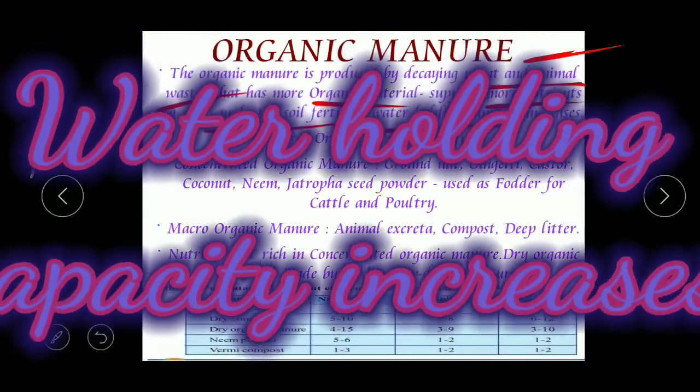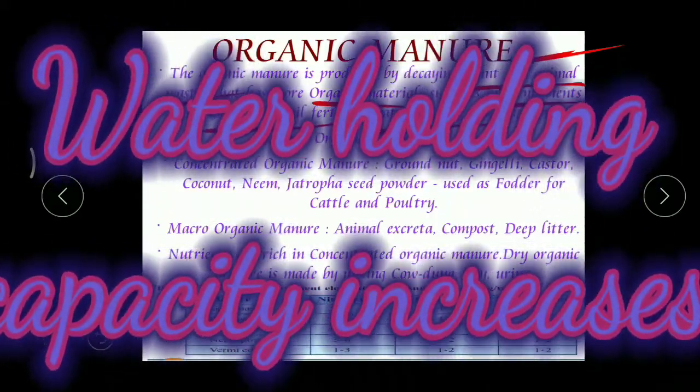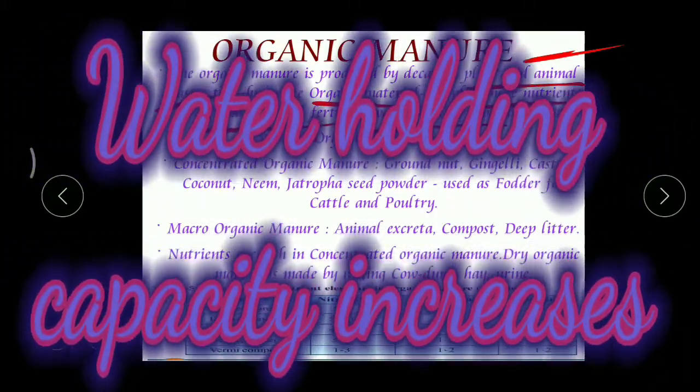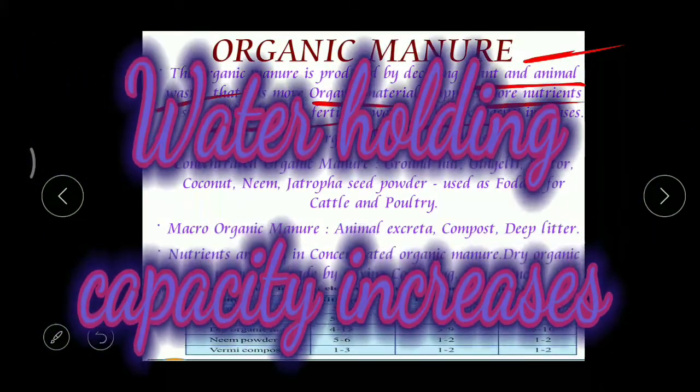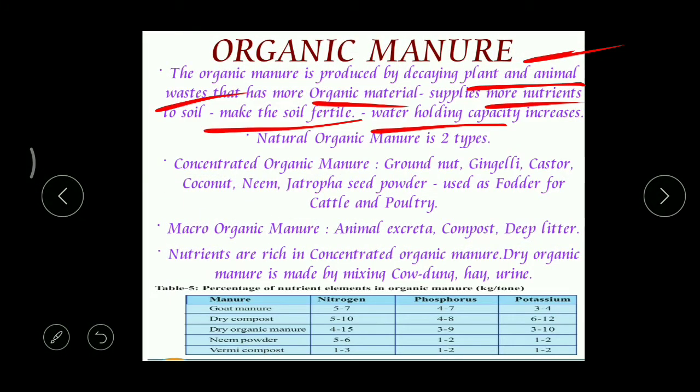The soil can hold or absorb more amounts of water. That means there will be no wastage of water. Correct? So by using this organic matter, we have all these advantages. What are they? The first one, more nutrients can be supplied to the soil, we can make the soil fertile, and even the water holding capacity of the soil increases, right?